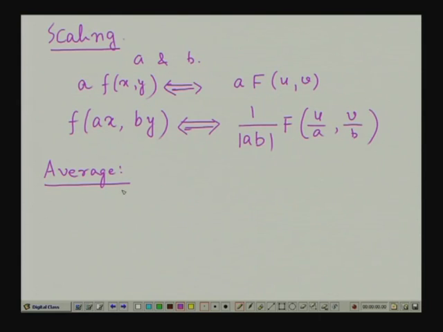Now, the average value for f(x,y), if I represent it like this, is nothing but 1 upon capital N square into the summation of f(x,y), where the summation has to be taken for x and y varying from 0 to capital N minus 1. So, this is the average value of the signal f(x,y).